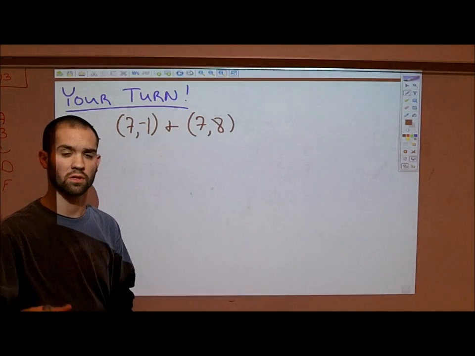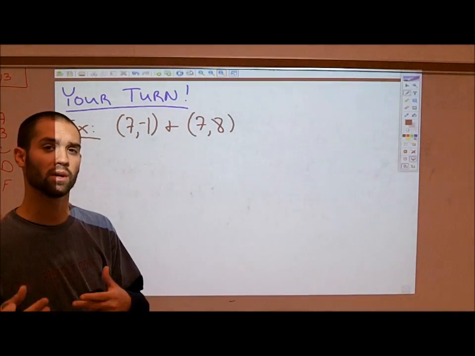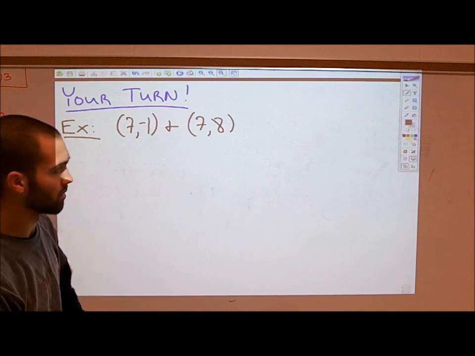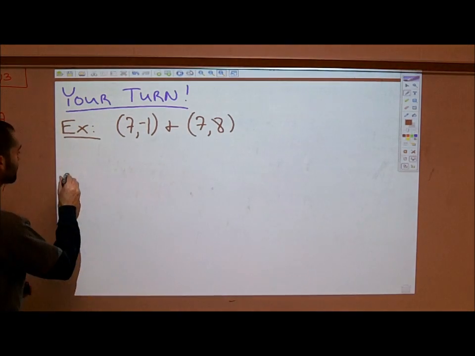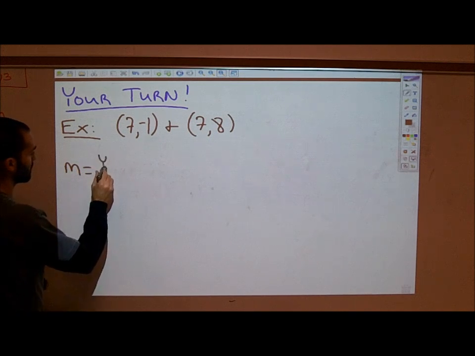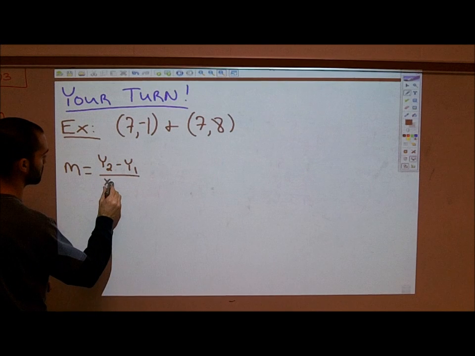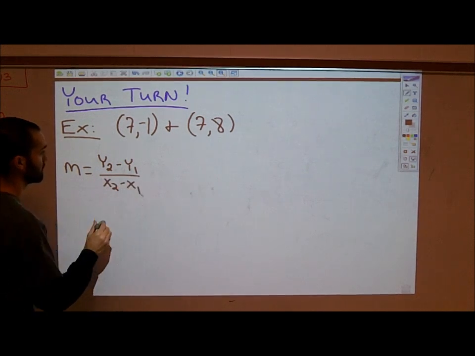Okay, so you just calculated the slope. You thought about, okay, is this 0 slope or is this another situation? So let's go ahead and try this. Write my equation. y2 minus y1 over x2 minus x1.